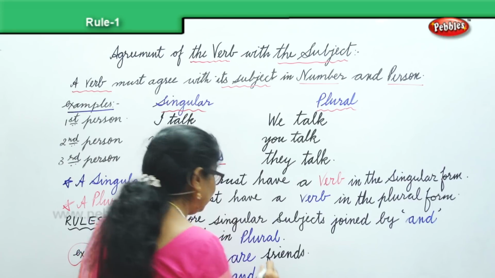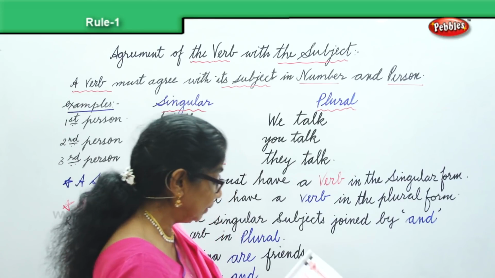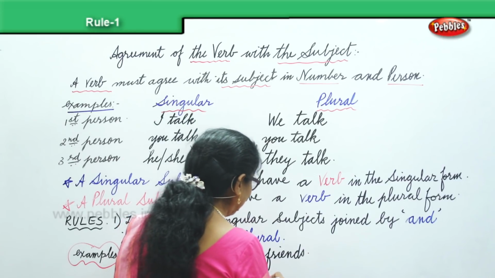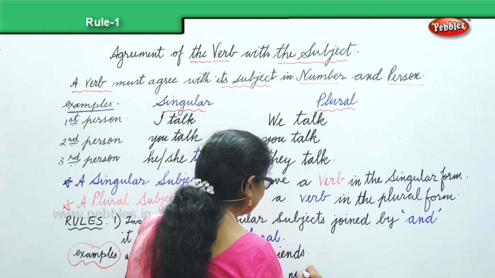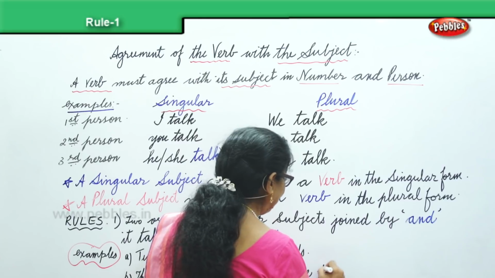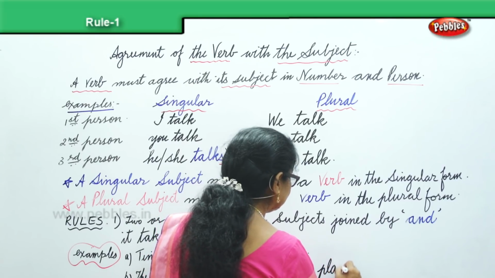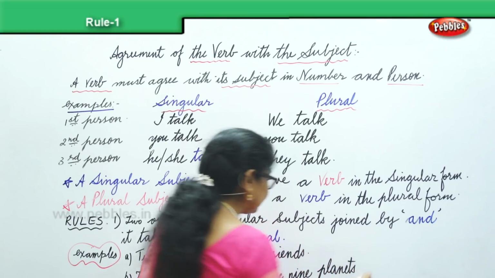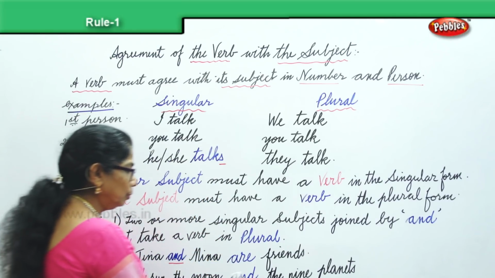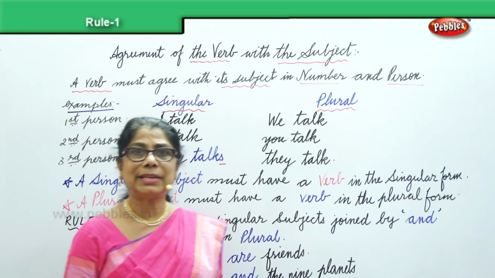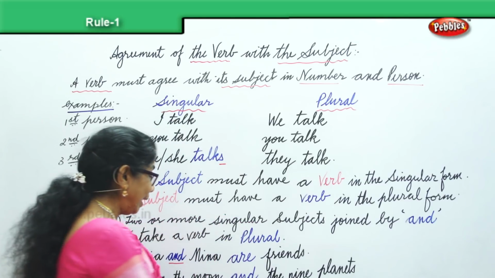Here, the sun, the moon, and the 9 planets are all singular subjects joined by and.